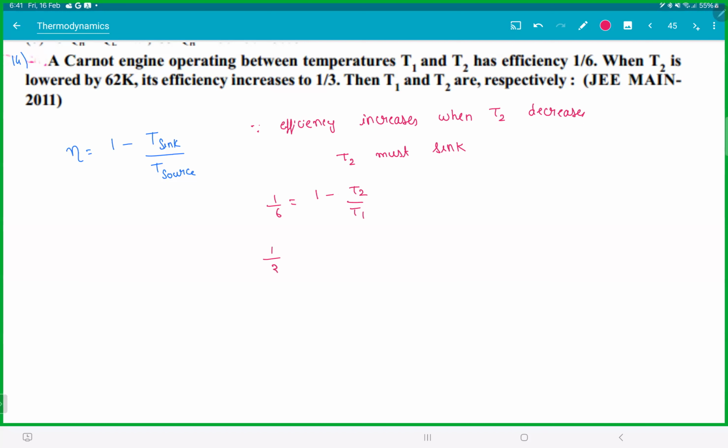Now you're saying it became 1 by 3 when T2 decreased by 62. Makes sense? From here, if you solve, you'll get T1 equal to 372 Kelvin. Yeah, that's right. Easy question, but you should know what you're doing.